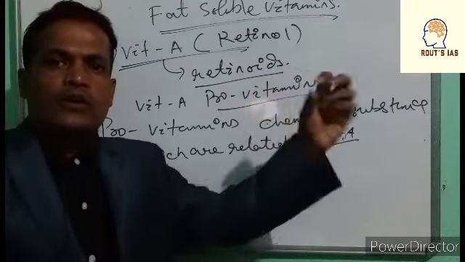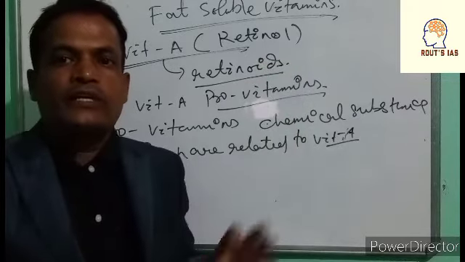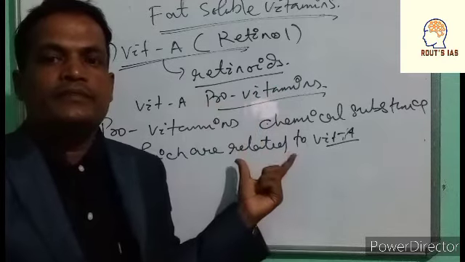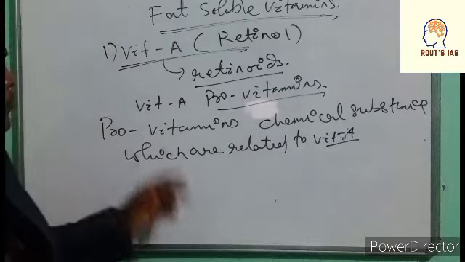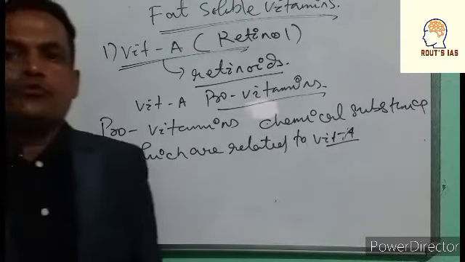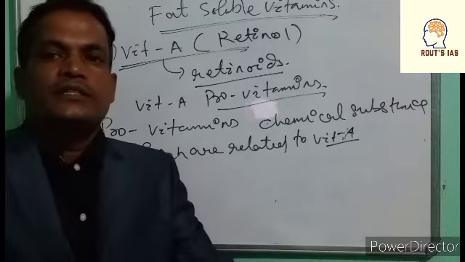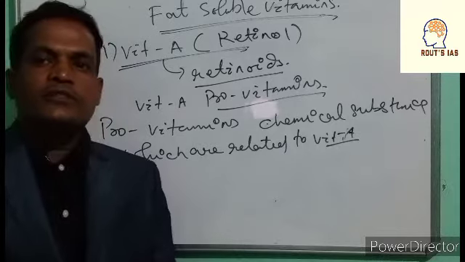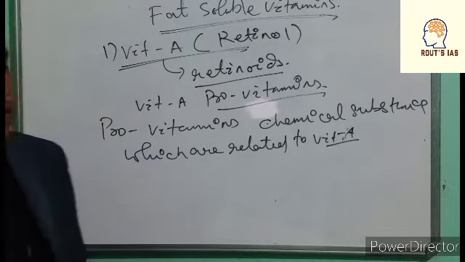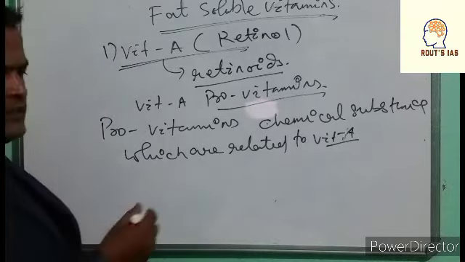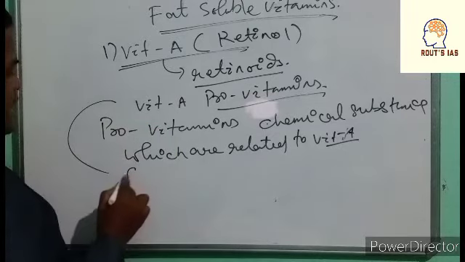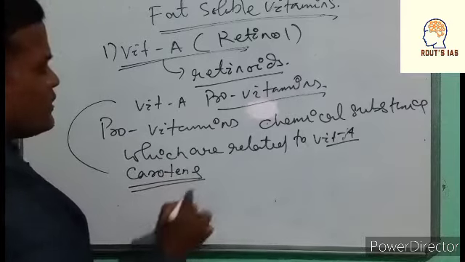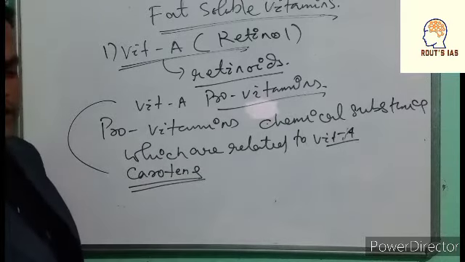All the components of vitamin A are collectively called retinoids. Provitamin is a precursor of this vitamin, a substance similar to vitamin A. Carotene is another component of vitamin A, carotenoids.